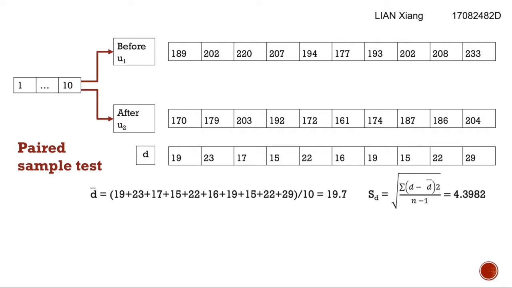For later use, we also calculate the sample mean, D bar, equal to 19.7, and the sample standard deviation equal to 4.3982.